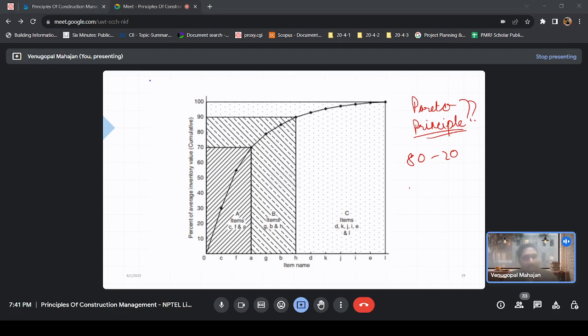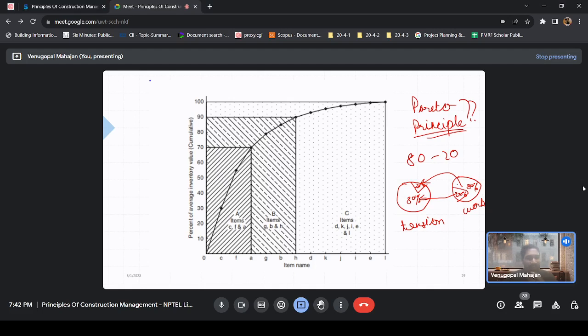So if you make a pie out of it, tension and work, 20% of the work was giving him 80% tension, and 80% of the work was giving him 20% tension.